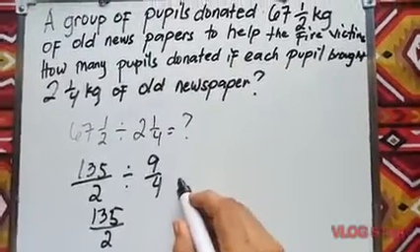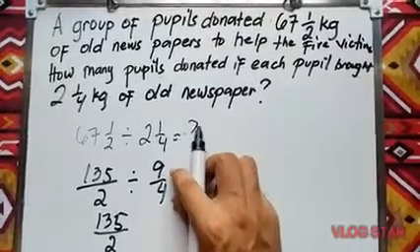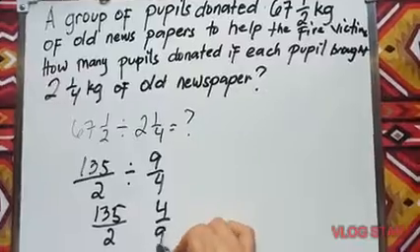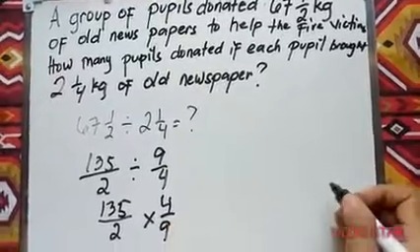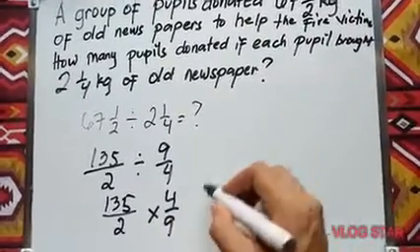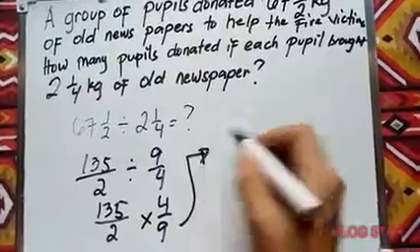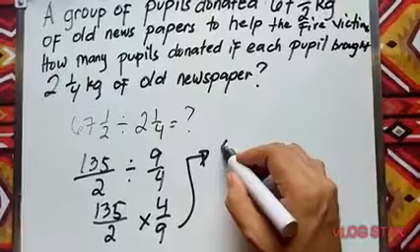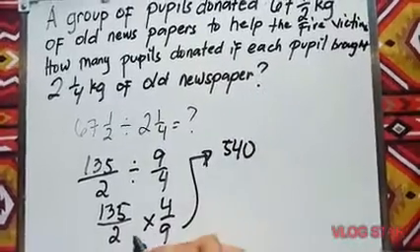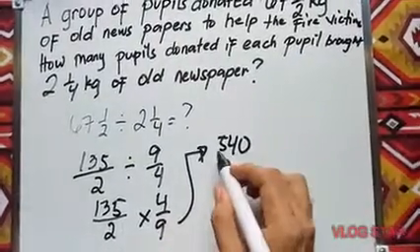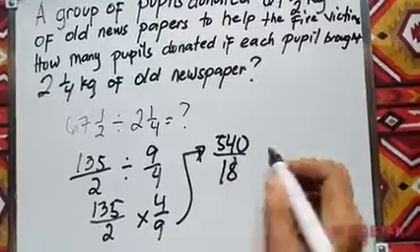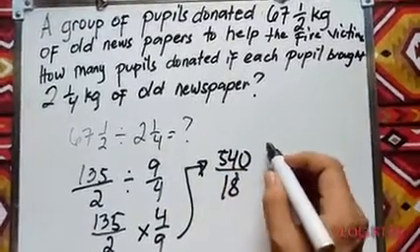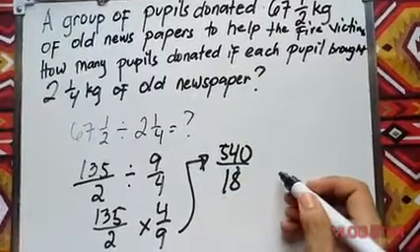Then, to proceed in multiplication, just get the reciprocal of 9/4, which is 4/9, then multiply. So 135 times 4, the answer is 540. Then multiply the denominator, the answer is 18. Then we need to simplify our answer.